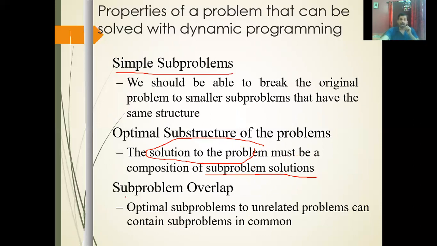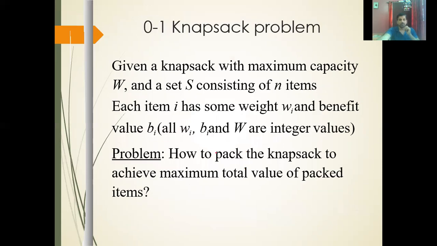And the subproblems overlap: two unrelated problems can contain subproblems in common. Sometimes smaller instance problems overlap, and I use those to find the solution for the larger instance problem.